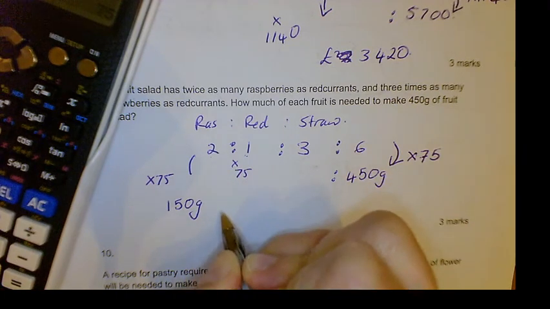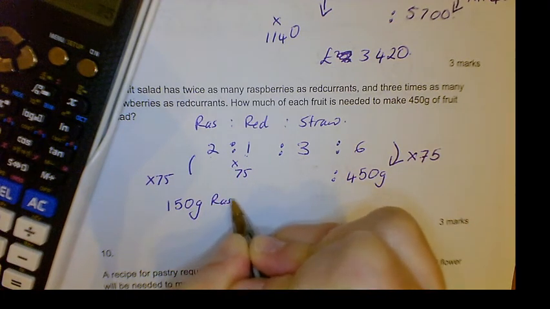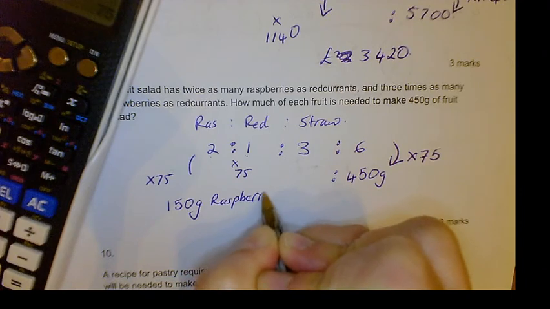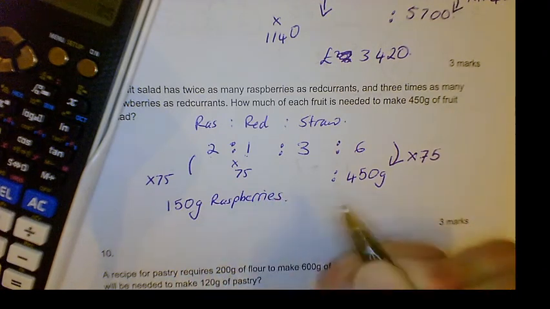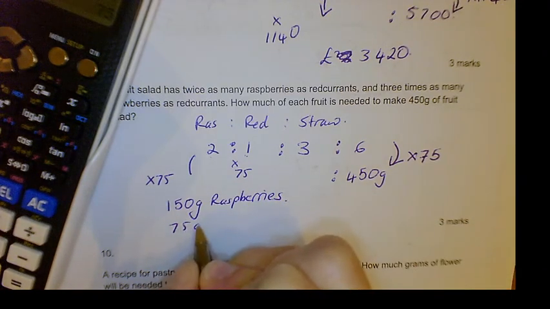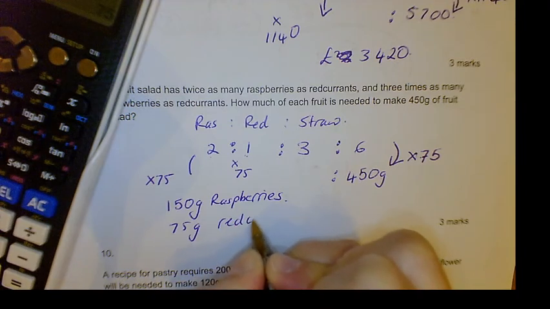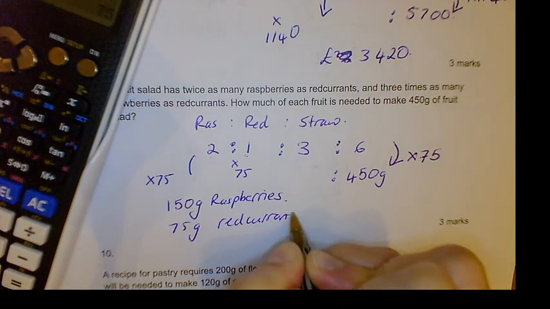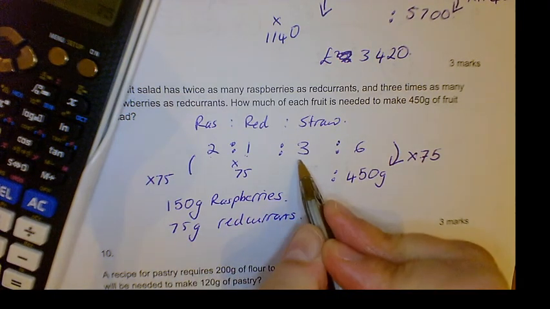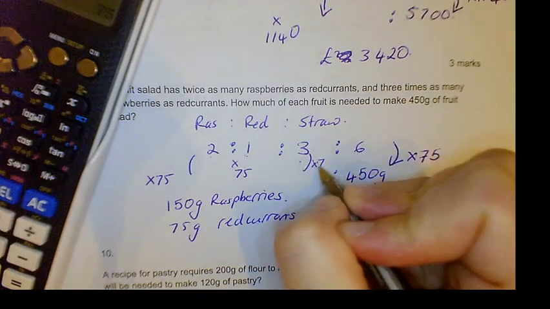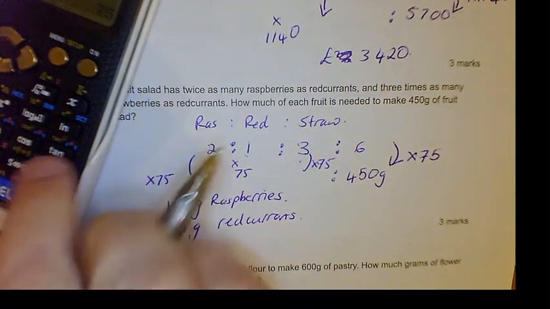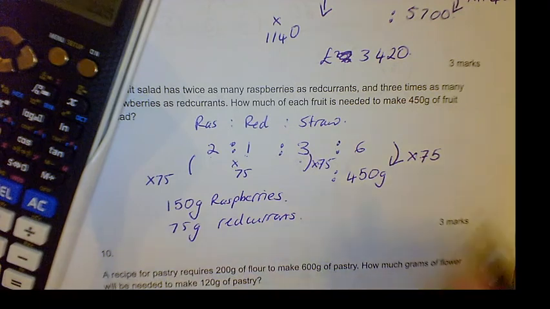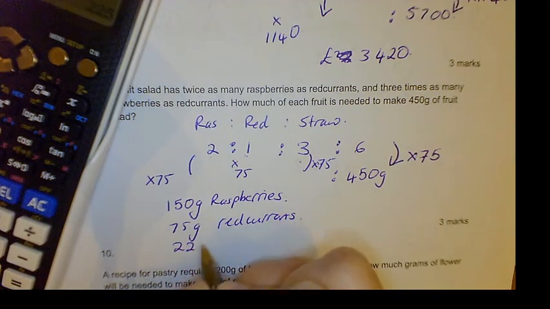Red currants would be 75 grams. Raspberries, always a weird word to spell. And my strawberries, or 3 of them, so 3 lots of 75, is 225 grams of strawberries.